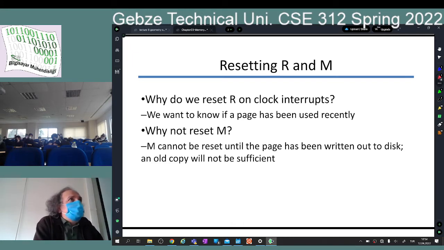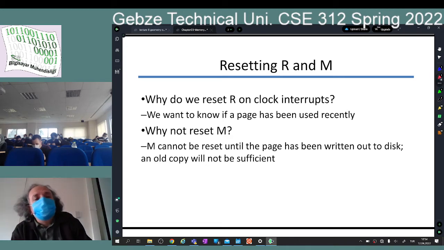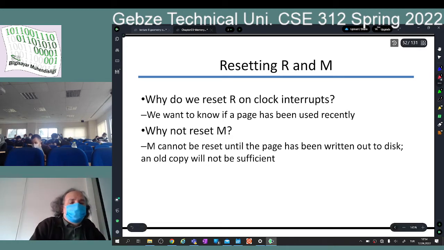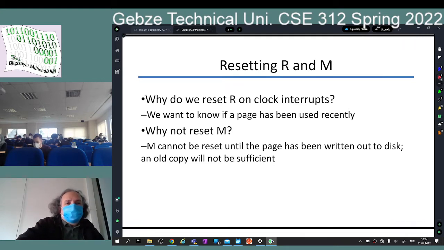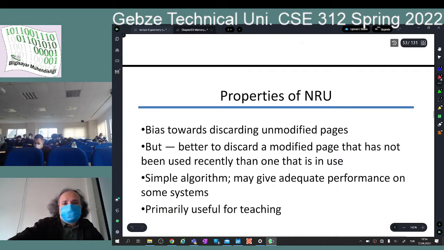I am trying to save time for my memory access, but now I am writing the whole page to the disk. And if I am going to modify that location again and load it back, that's not a good thing. So we don't reset the M bits. M cannot be reset until the page has been written out to the disk.